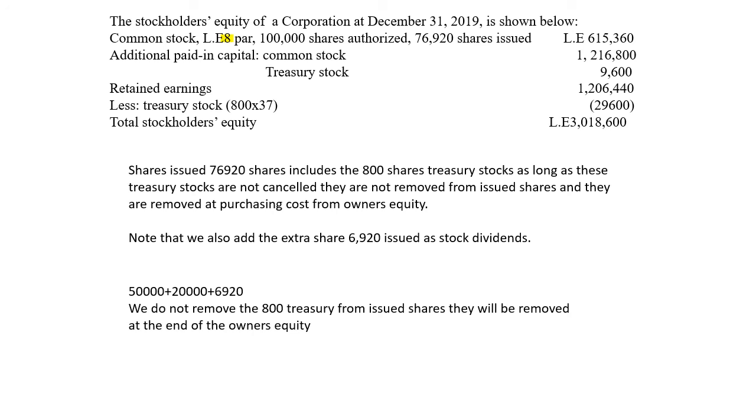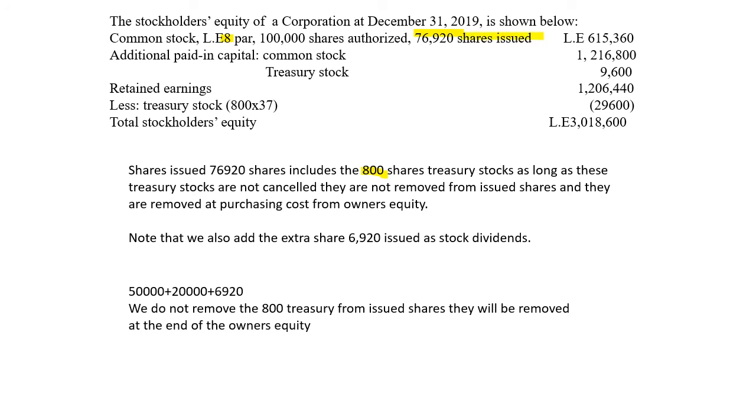It used to be 70,000, including the 800 shares of treasury stocks. We do not subtract the treasury stocks from the issued shares. So I'm not going to say it's 69,200. No, it's not 69,200. It's 70,000, including the 800 shares of treasury stocks, because the 800 shares of treasury stocks are included in the issued shares.